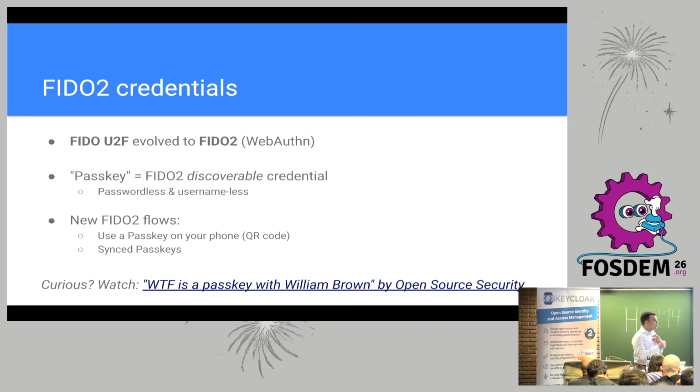FIDO2 introduces passwordless credentials, meaning that you no longer need a first factor. But passkeys actually raise the bar over FIDO2 one step further. They're specifically so-called discoverable credentials, which generally means that the credential itself resides at rest on the authenticator hardware.